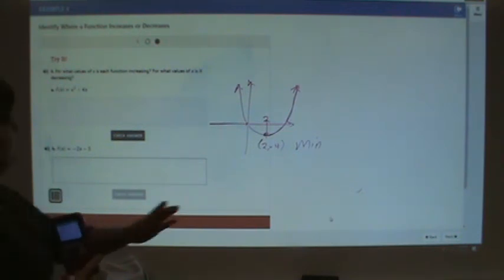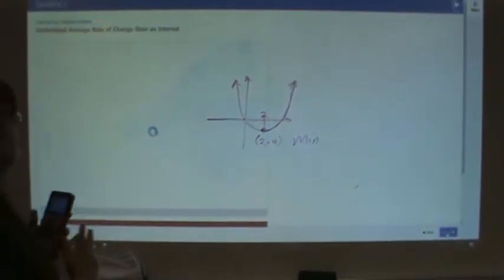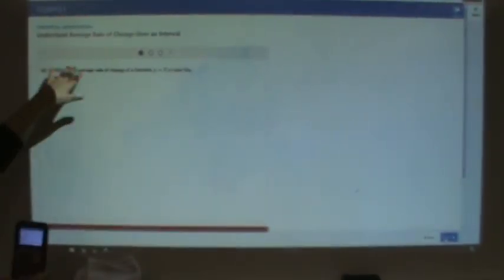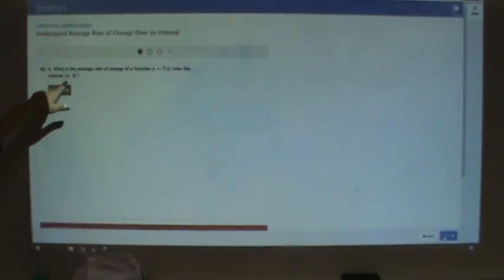All right, next question. The average rate of change is the slope, but they want the average rate of change over an interval. So it says, what is the average rate of change of y equals f of x over the interval a, b?